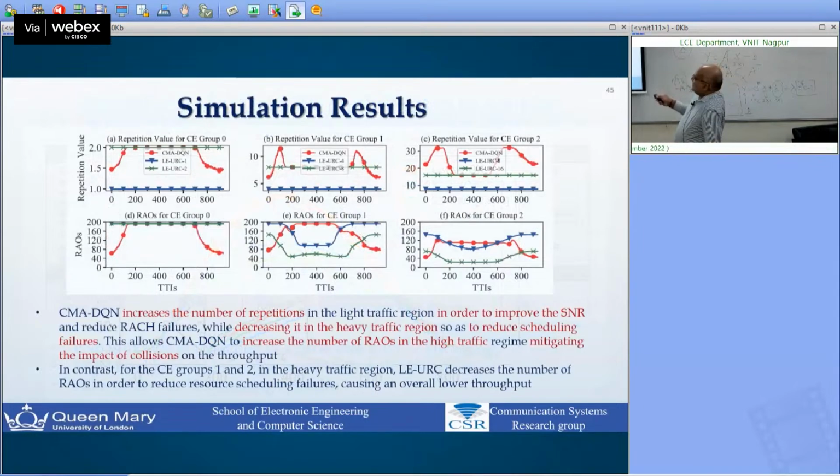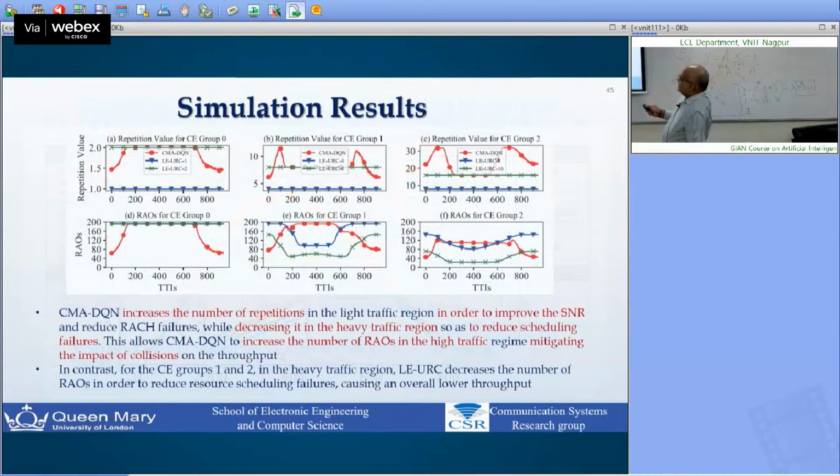Instead of a fixed 4 and 8, this blue line is repetition value 4, green repetition 8. But here the repetition value changes: here 4, 16, here 8, then during this peak burst time 8, then goes to 16, comes to 4. So it dynamically changes between 4, 8 and 16, every 640 milliseconds. These are the frame numbers.